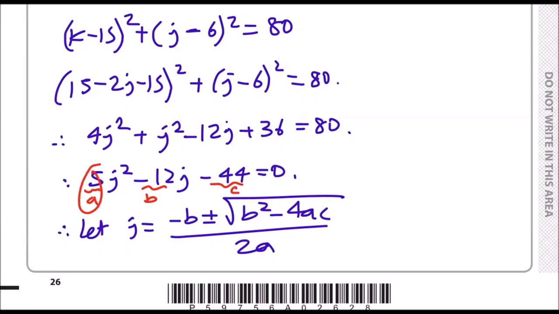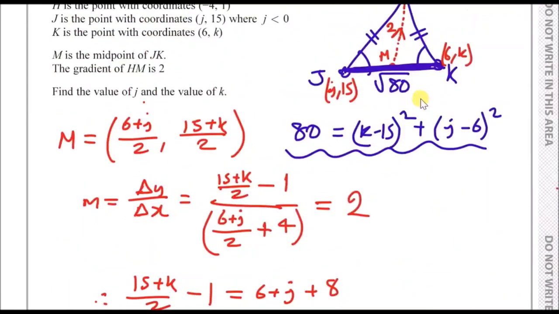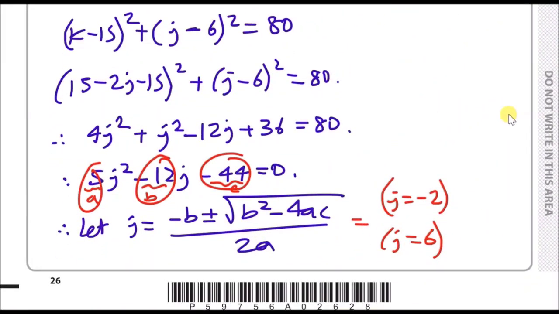So we've got a is 5, b is minus 12, and c is minus 44. And if you substitute this in carefully inside here, you're going to get an answer of j equals minus 2 or j equals 6.